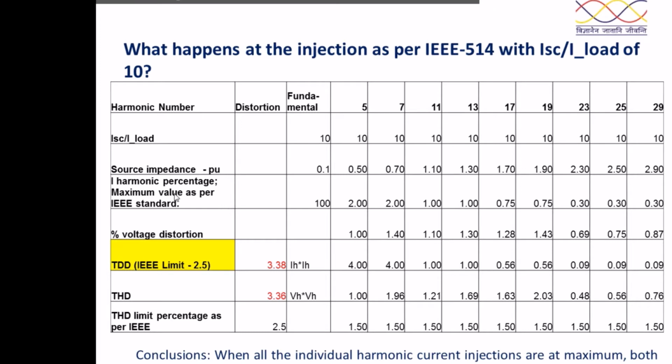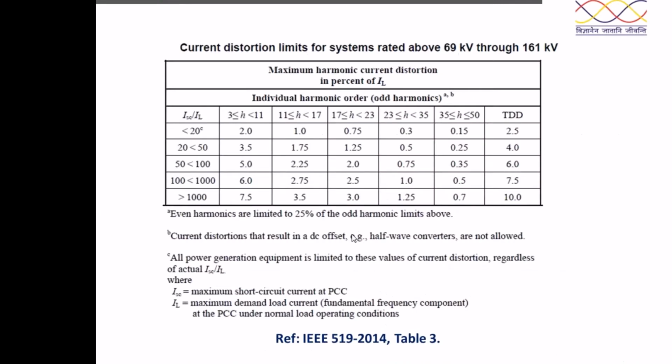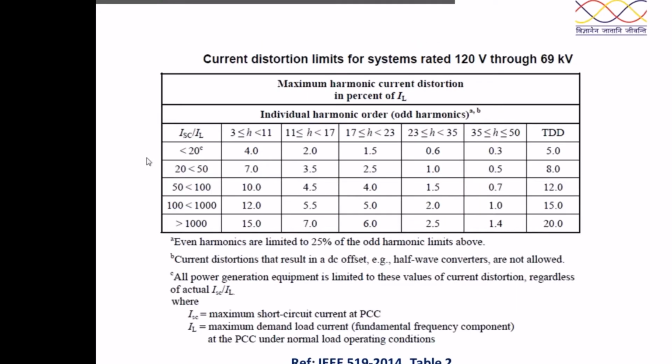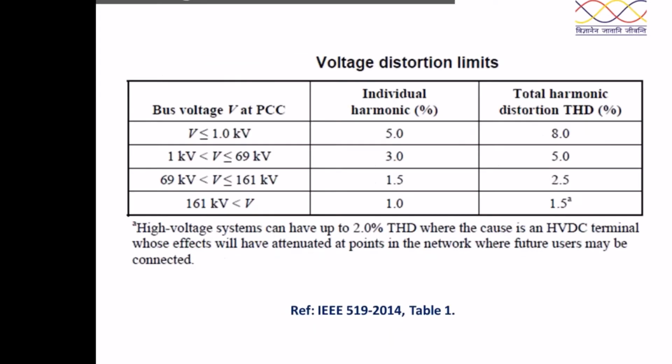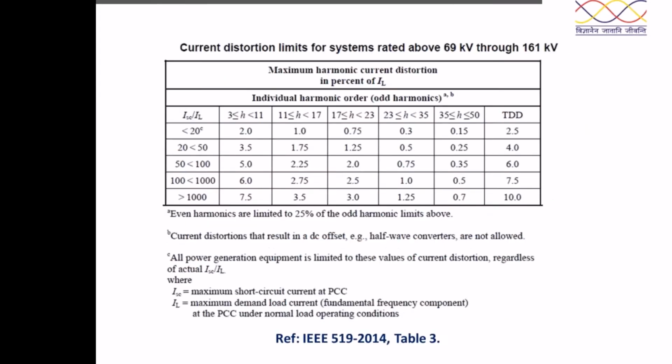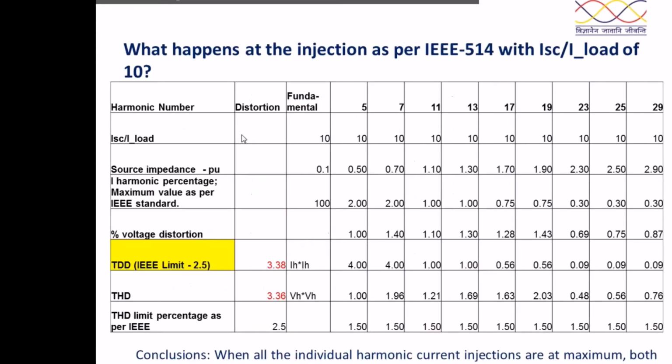What is the maximum harmonic percentage value as per the IEEE standard? When you look into the various harmonic currents explained here, corresponding to the various voltage levels, the acceptable limits are also available here.